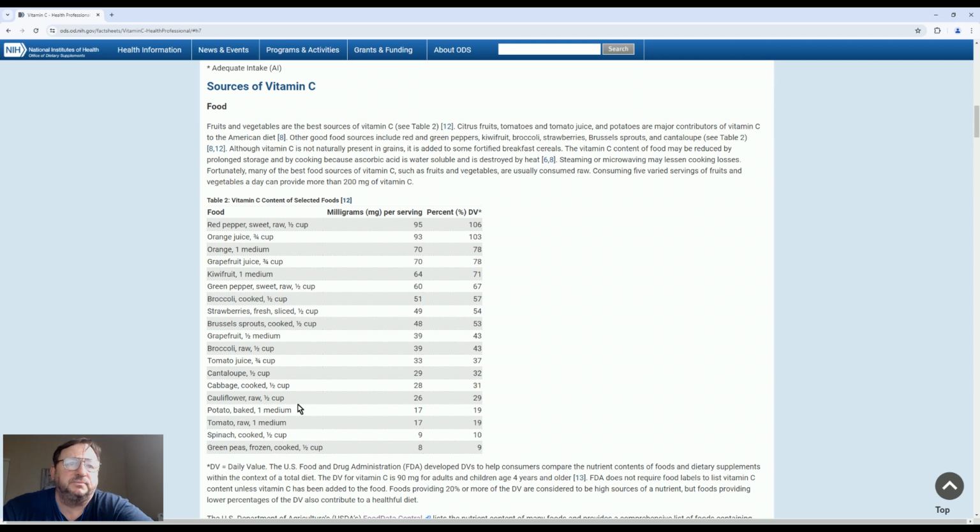Or suppose this one, cauliflower 26, it means 52, or broccoli. You can have half of it broccoli. So for vitamin C, broccoli is better than cauliflower. But it doesn't mean you don't need to eat it, you just put proportions any way you want, but assume you have less vitamin C.